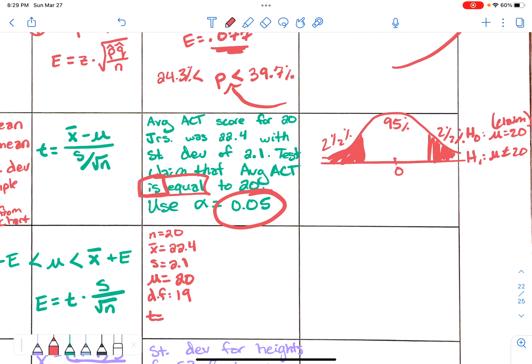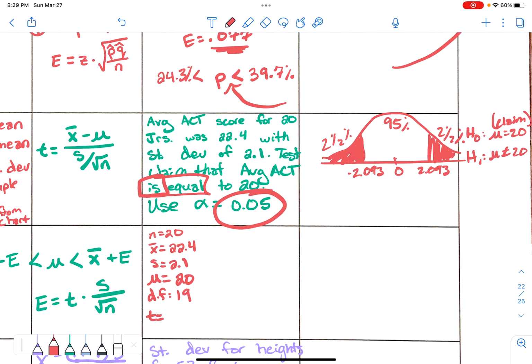And I want 95% at 19 degrees of freedom, I think it is like 2.093, if I'm looking at the right column. Yep, 2.093. So I've got negative 2.093 and positive 2.093.